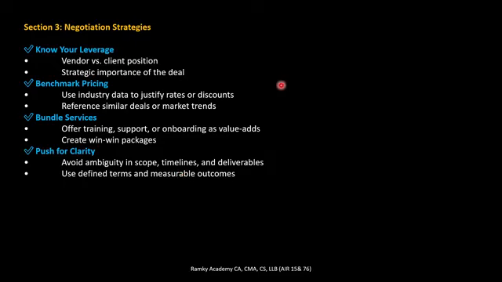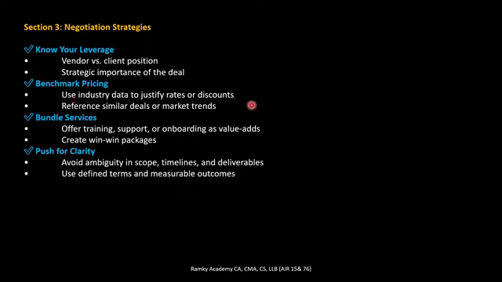So for the negotiation strategies, a few more I want to bring in front of you: know your leverage, because all the risk parameters you want to include here, either between the vendor or client position, should consider whether any third parties are involved, who those third parties are, and to what extent we can include their rights and duties in the contract.